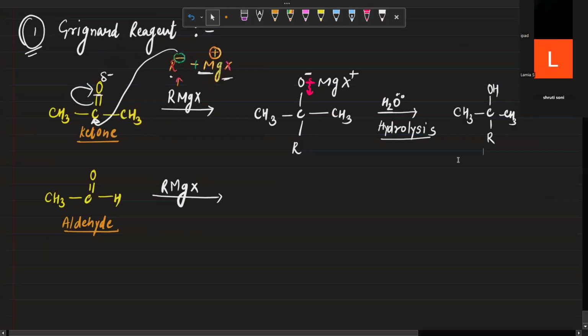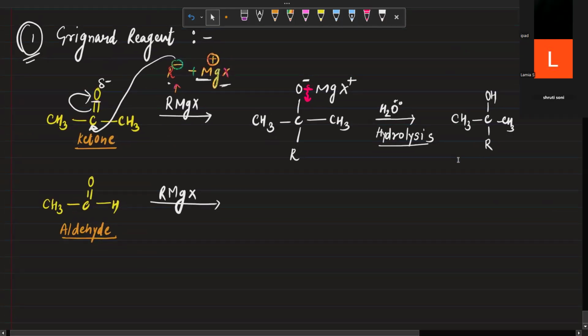Now you check this one. Any doubt? If you have any doubt, then ask. Where are you adding the hydrogen? To the oxygen. The O minus MgX bond will break and hydrogen attaches.